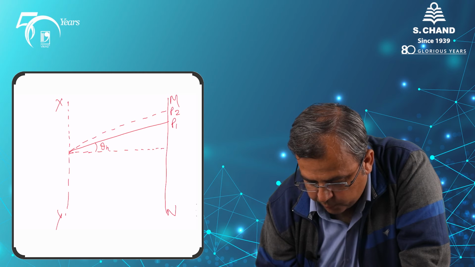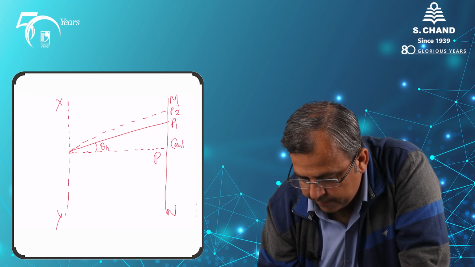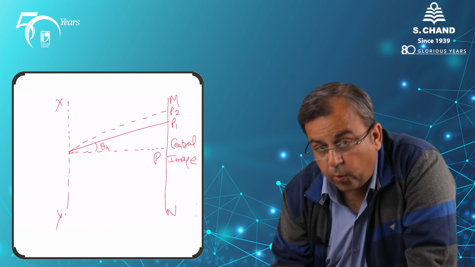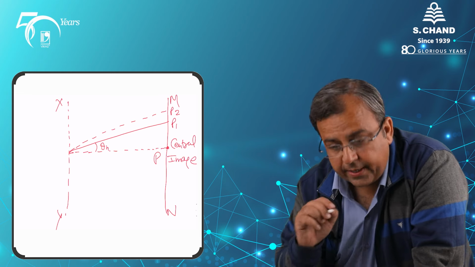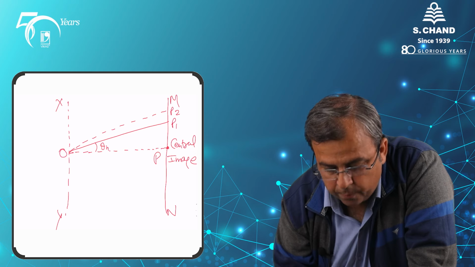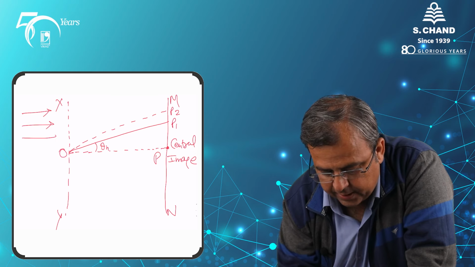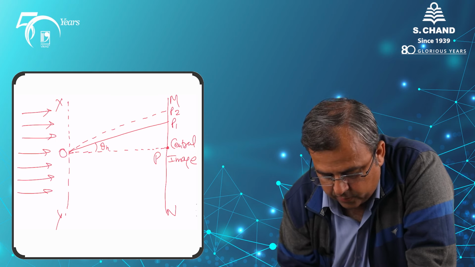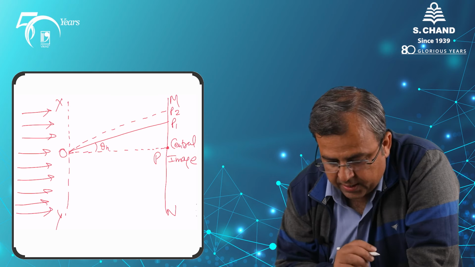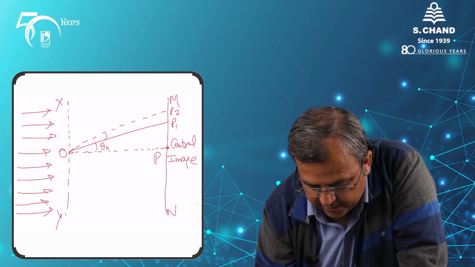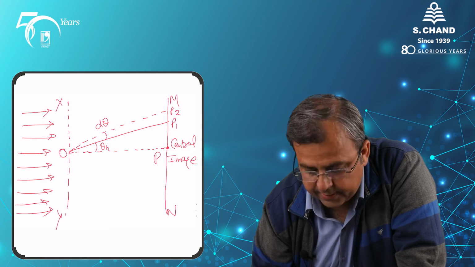Suppose this is a point P where we are getting the central image, right? At point P we are getting the central image, correct? This is point O, where we are saying that light is incident onto it. This is angle theta. Suppose this angle is d theta, correct?